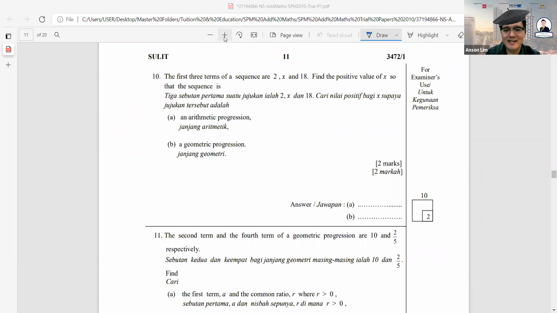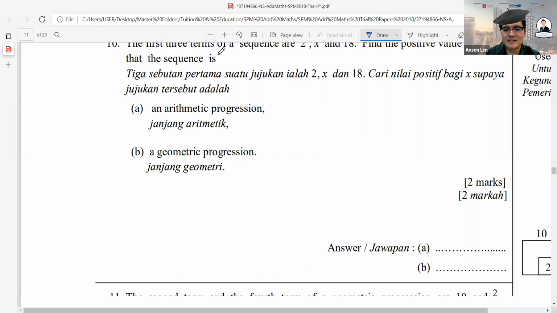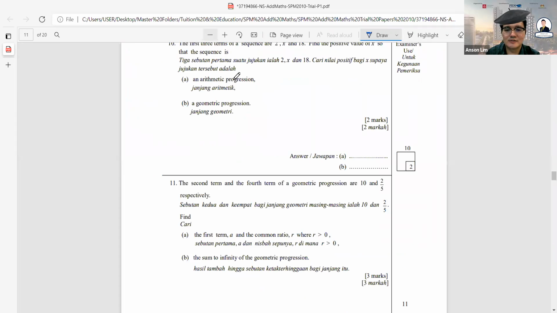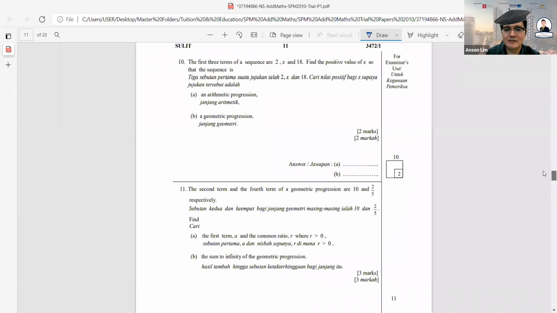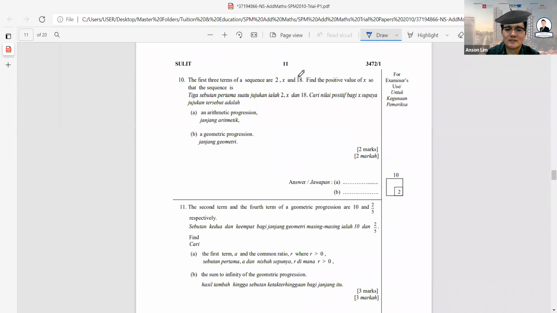So APGP, the questions I try to show you are the simple ones, because I know some of you cannot even do the simple ones. I worry. So these two questions are for those who just came in. Welcome. Now what I want to say is you have to know how to solve APGP SPM questions.